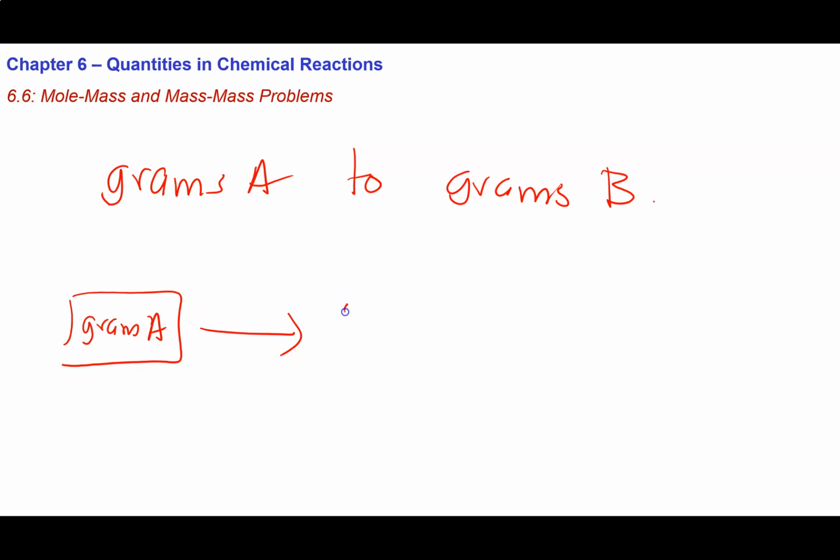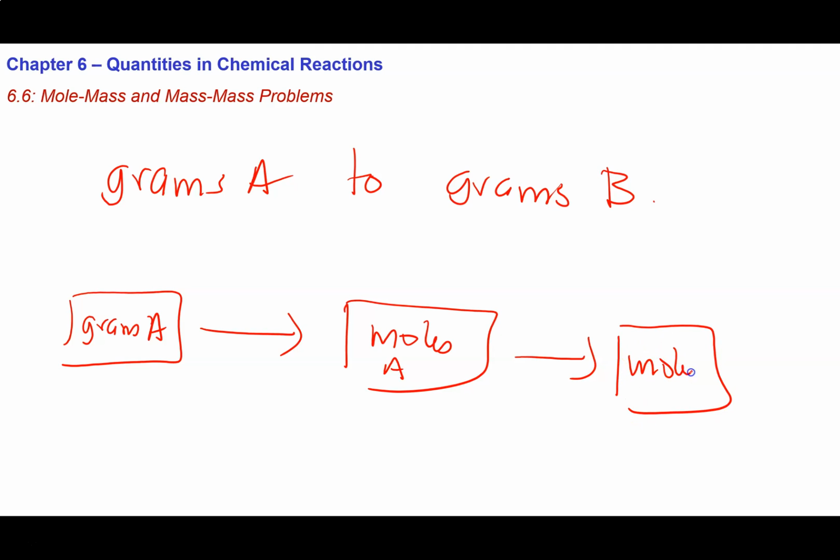we're going to first convert to the moles of the first substance, then convert to moles of the second substance, and then finally convert to grams of that second substance.